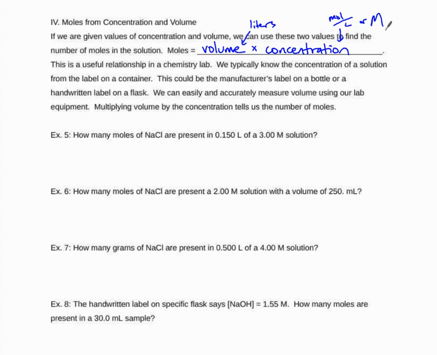We can easily and accurately measure volume using our lab equipment, like a graduated cylinder. Probably one of the best things. A graduated cylinder is shaped something like this, and it has increments, and it's a fairly accurate measurement system, and you just measure at the bottom of the meniscus, as we call it.